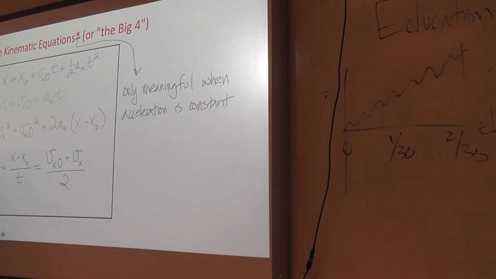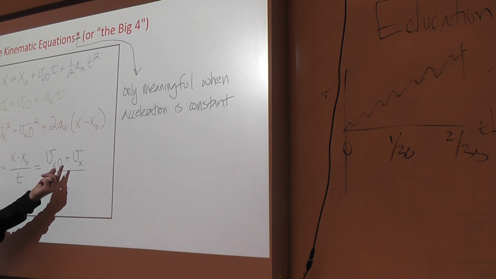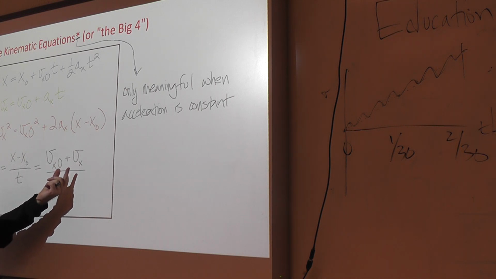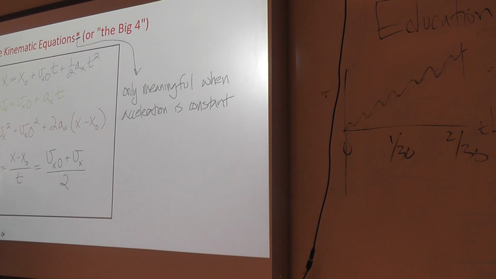If I tell you that your acceleration is all over the map, I could give you something like this. I could say, what's the average velocity? It starts at 0 meters per second, and it ends at 10 meters per second. You might be like, well, it's 5, right? Not necessarily true. If acceleration isn't constant, that's not true.